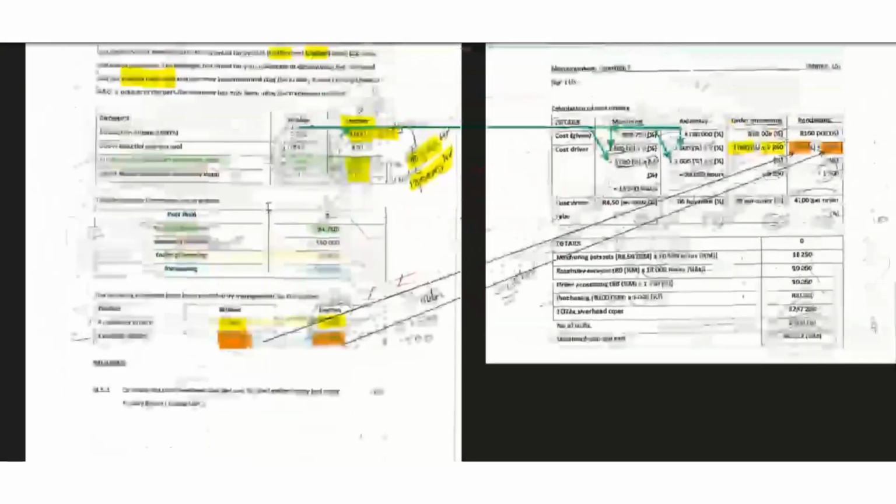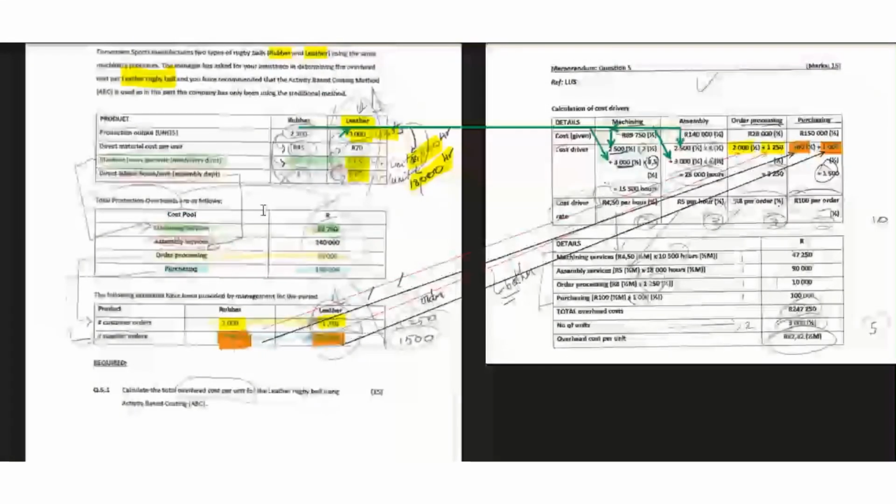So straight into it, you look at what some of the cost drivers are here. You see that there is obviously the production output that is provided to you. The direct material cost per unit is provided to you in the table, and you are seeing machine hours per unit.